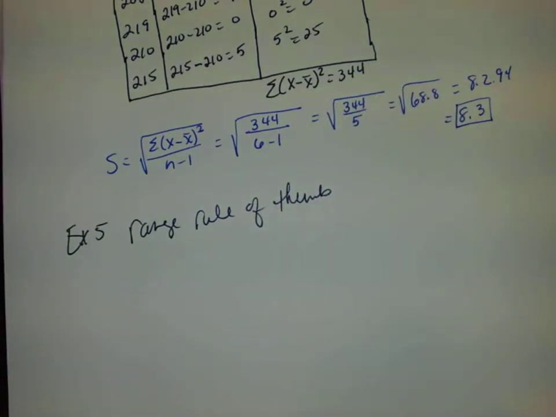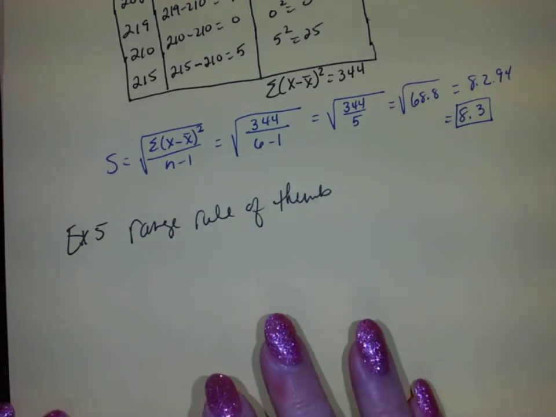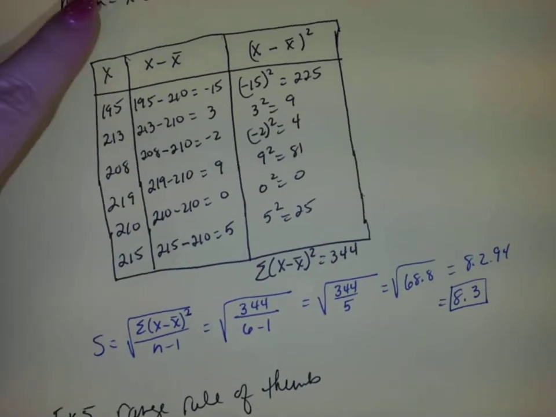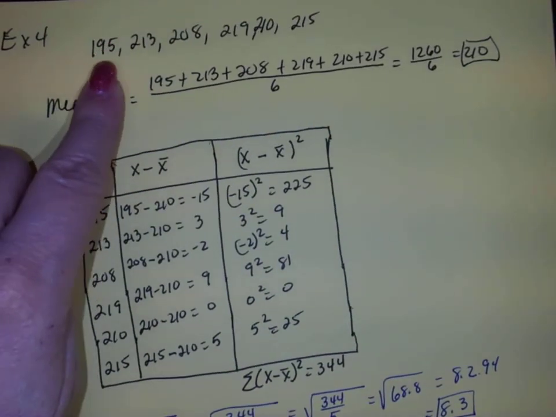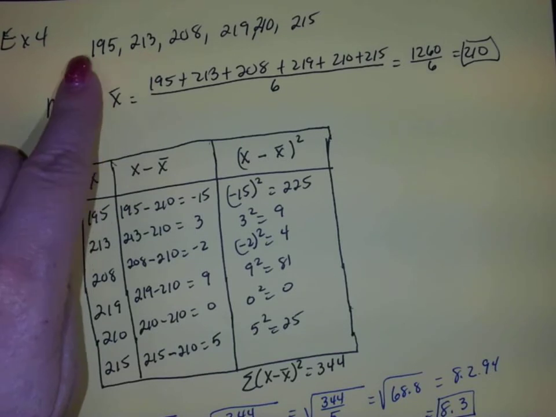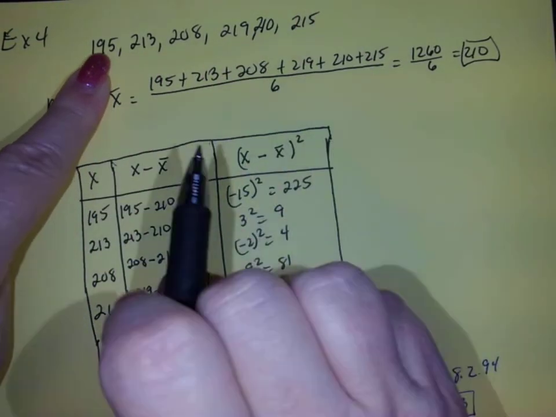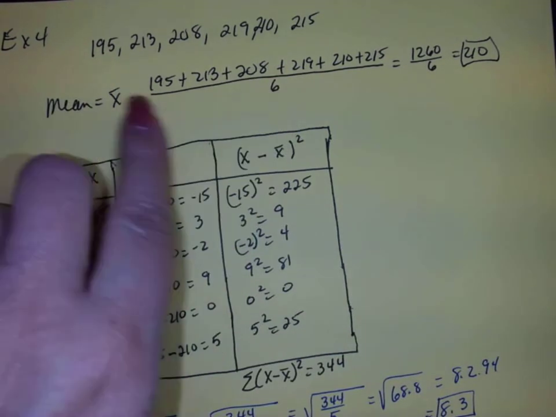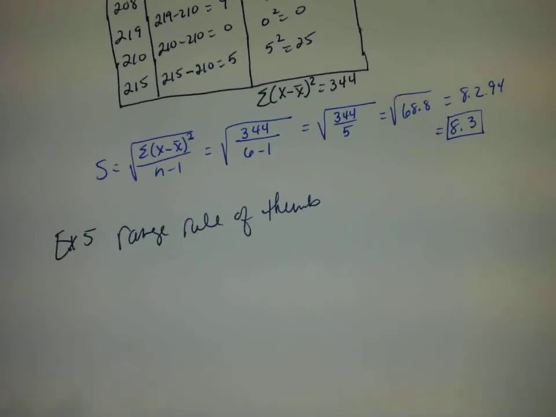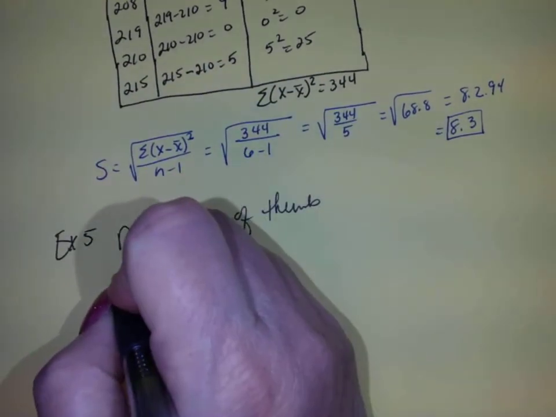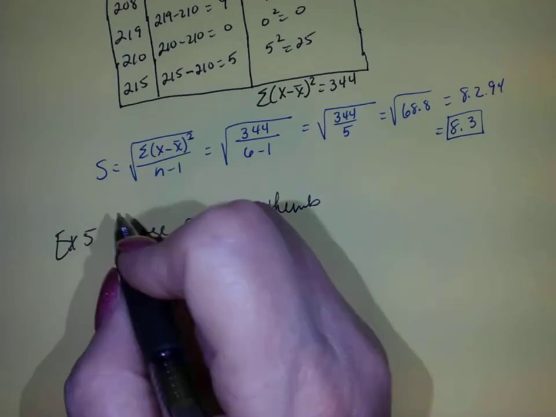So we're going to take our range of our values. That means we got to find the high one. So when we're looking at our data set, we've got 195. That looks like it's the low, and our high is 219. So we're going to look at our range of values.